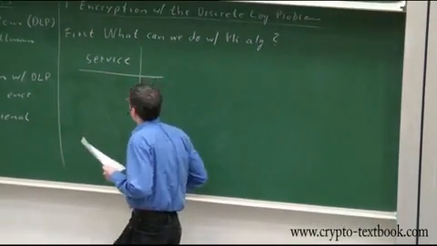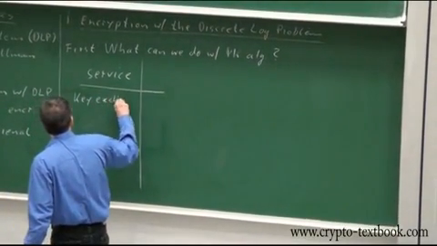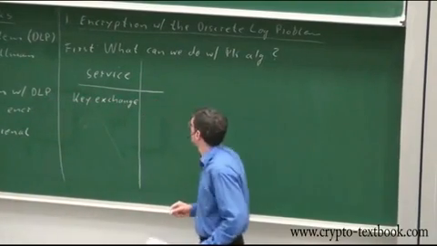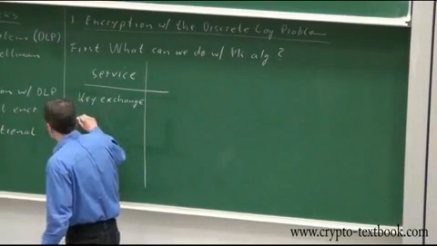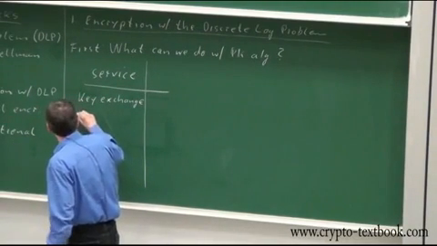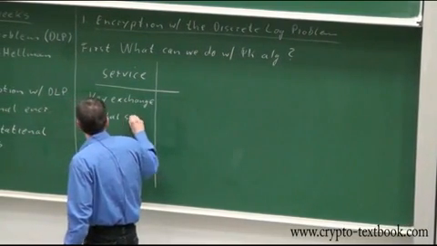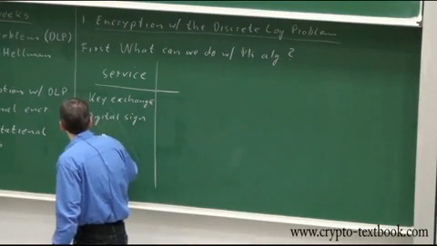The first thing is key exchange, and we know how to do that. The second thing is digital signature. And thirdly, encryption.